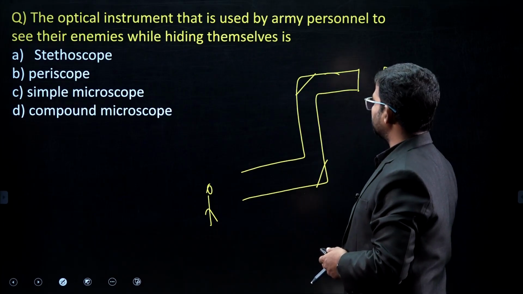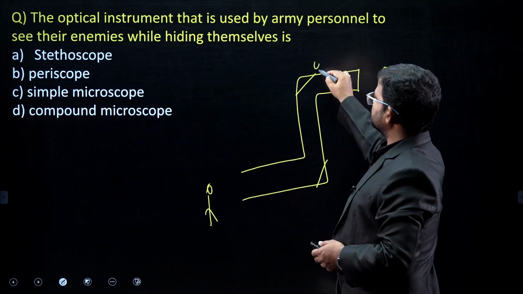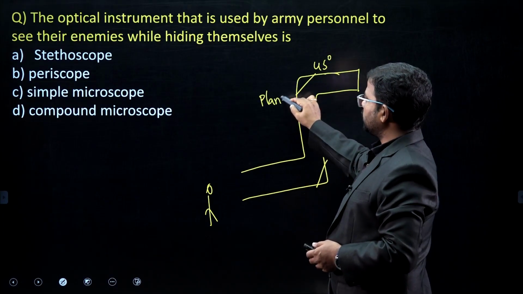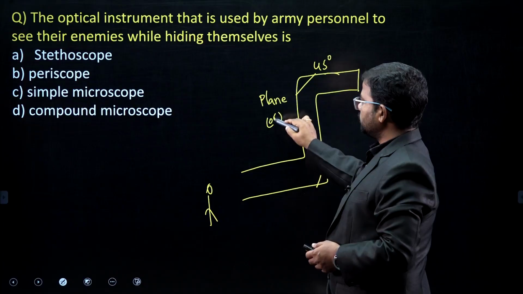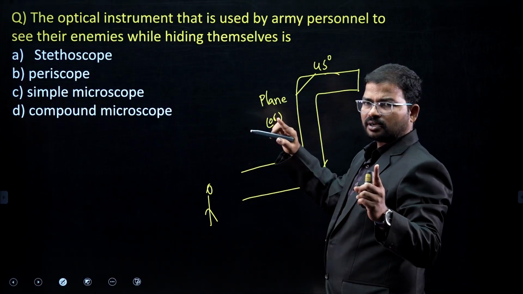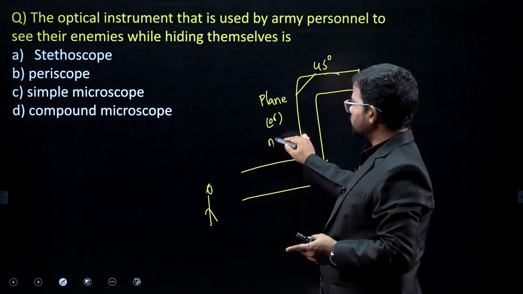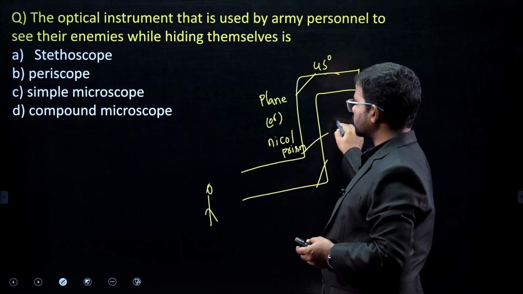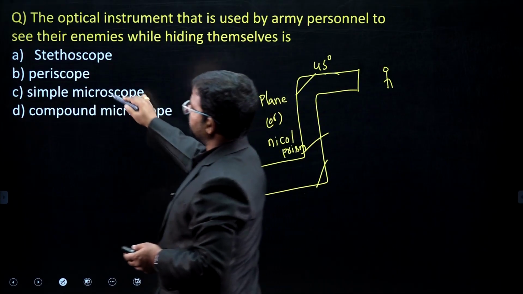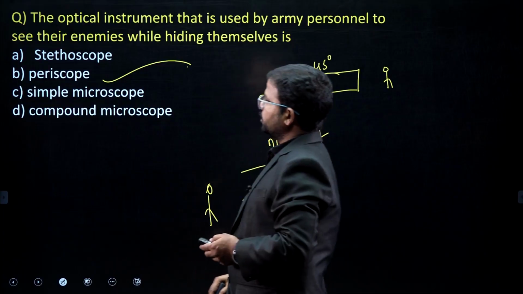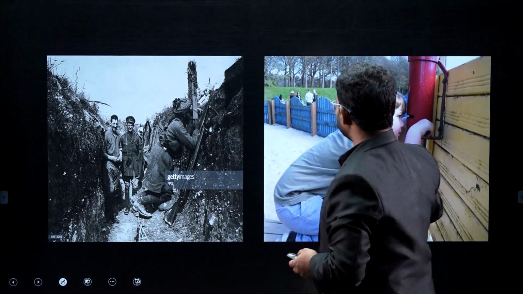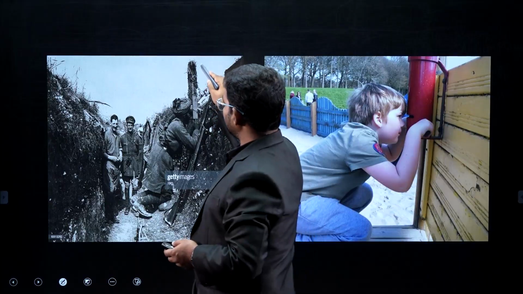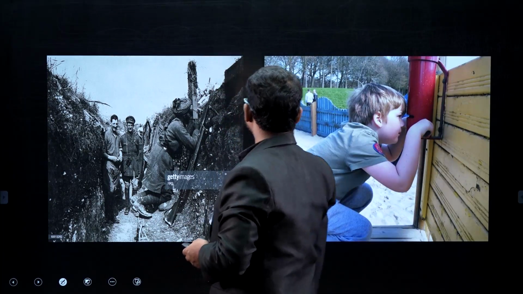The angle here is 45 degrees. We can consider either a plane mirror or a Nicol prism. That is nothing but a periscope.